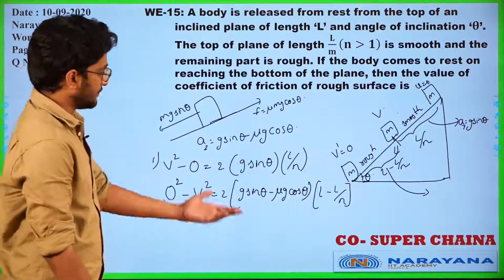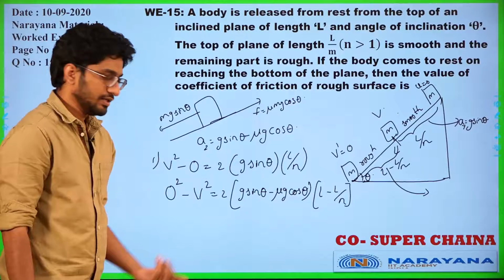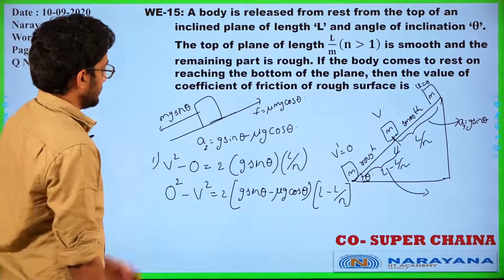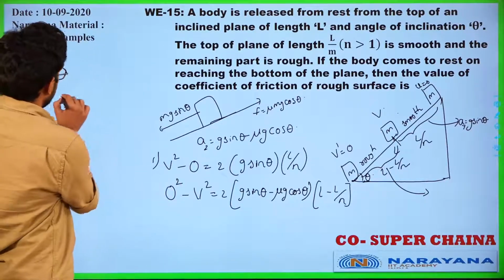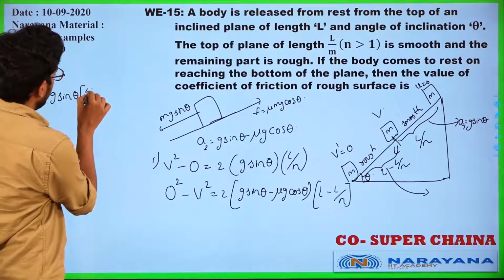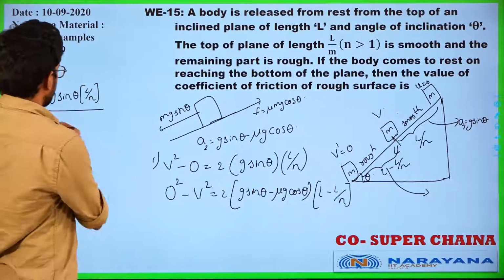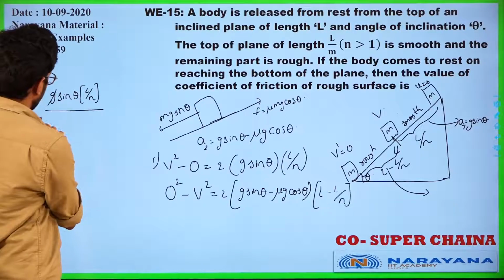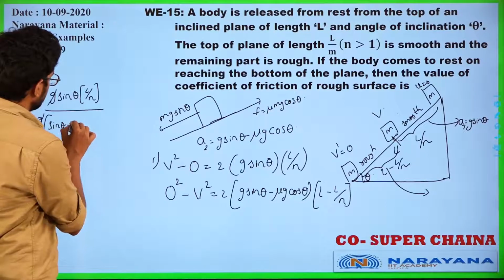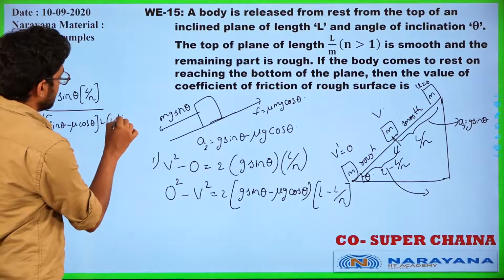Now I need to find the n value, so I can divide them. If I divide, v square gets cancelled. So what do I get? I get g sin theta into L by n, by g sin theta minus mu g cos theta, and g gets cancelled. So in the denominator I have sin theta minus mu cos theta into L into (1 minus 1 by n).